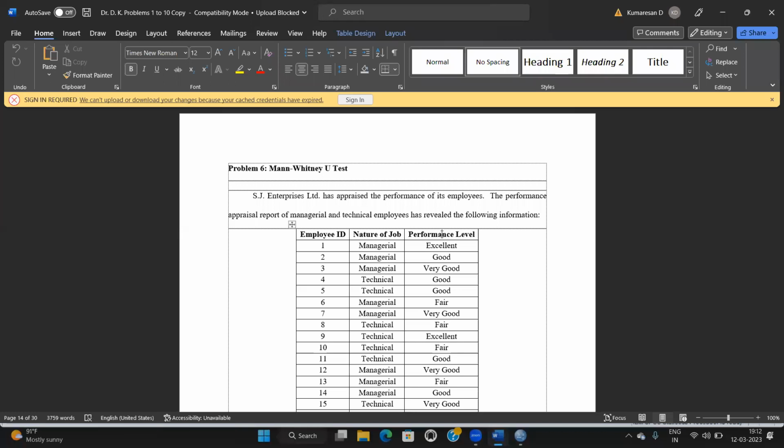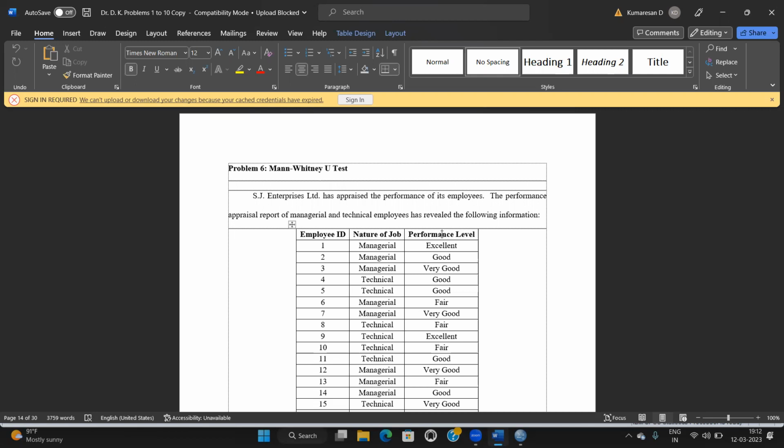There is a similarity between independent samples t-test and Mann-Whitney U-test. What is the similarity? The employees or the samples are divided into two categories. Earlier, it was Ola and Fast Track.